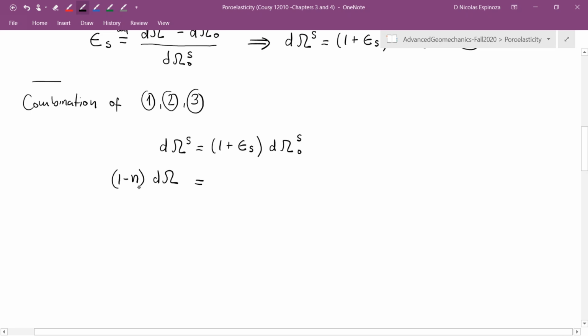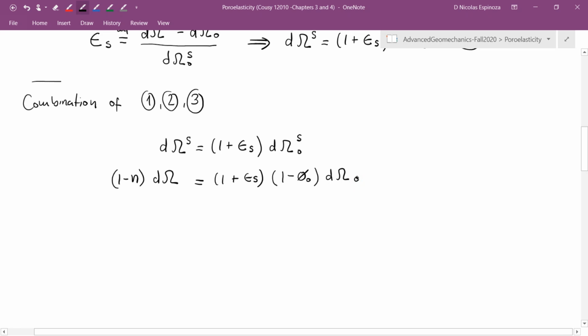So 1 minus porosity, that's going to be the solid fraction. The solid fraction times the bulk volume gives me the solid volume. And this one is going to stay the same. And the solid volume in initial conditions, now this one is going to depend on the Lagrangian porosity, and this is going to be 1 minus the Lagrangian porosity at initial conditions times the bulk volume at initial conditions.